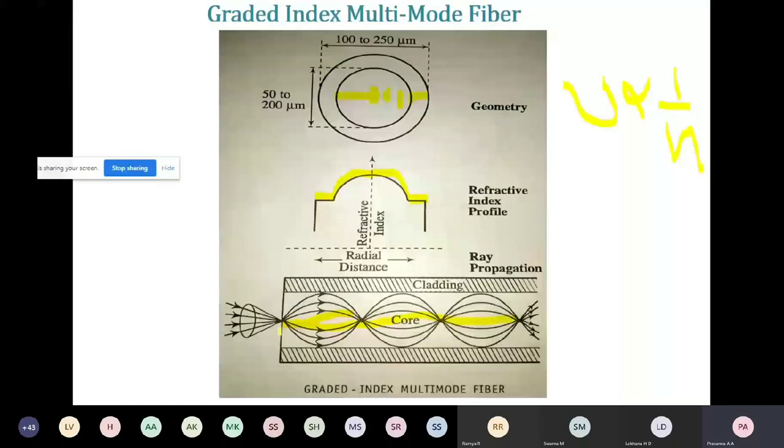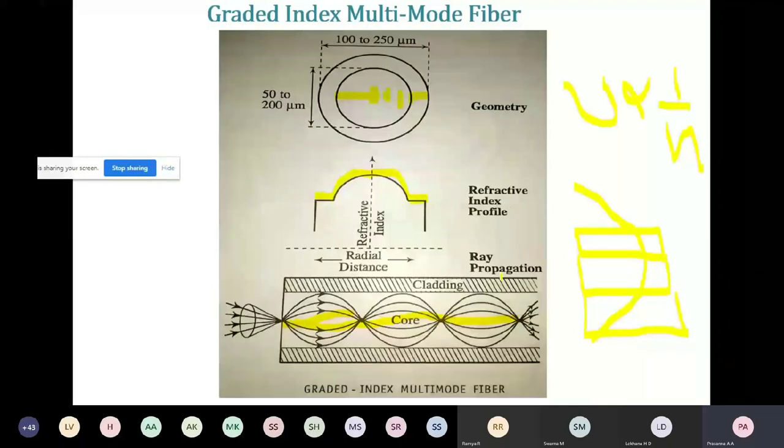Because the light ray is refracting at every point within the optical fiber core. If you think this is a glass, when a light ray is made incident upon it, it gets refracted this way, it bends. If you add one more glass plate, it will again refract. If you add one more, that will again refract. So at every point there will be refraction. Hence there is bending of light like a curvature.